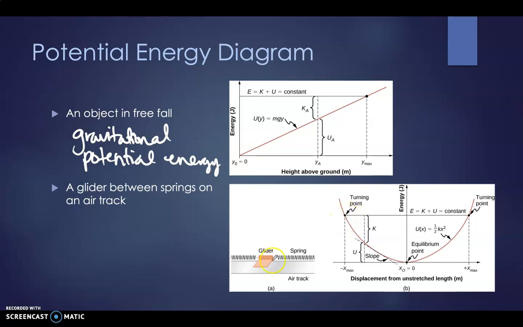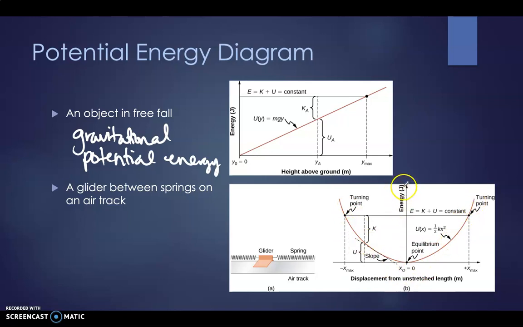Then as I let it go, it'll go all the way back to the other spring, and we'll have another turning point here, and kinetic energy again. So this is the motion of something connected by 2 springs, and in this case, we have a glider on that air track.